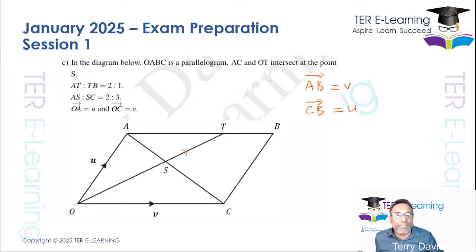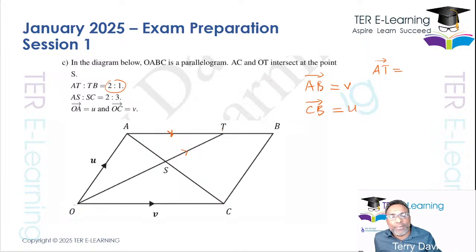Now from the diagram, I can work out the vector AT. This vector AT is part of the line AB. Now this AB is divided in a ratio 2 to 1, which means the line AB is divided into 3 equal parts.